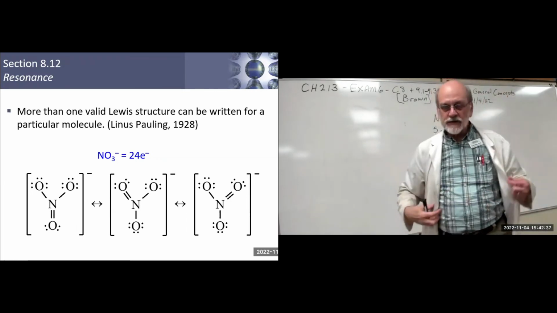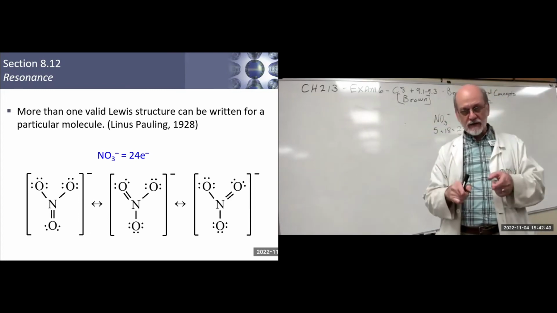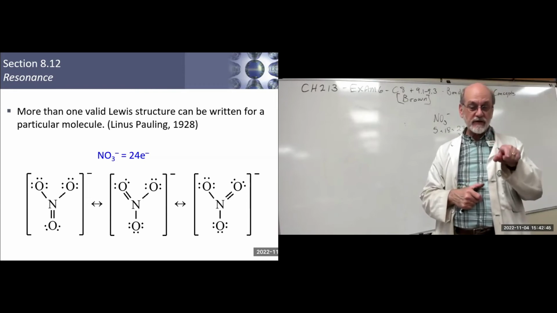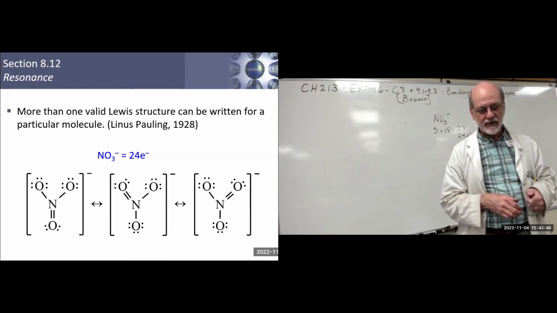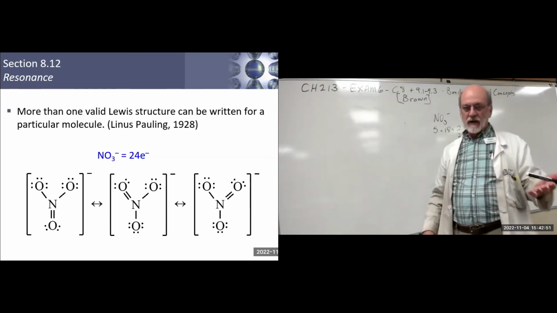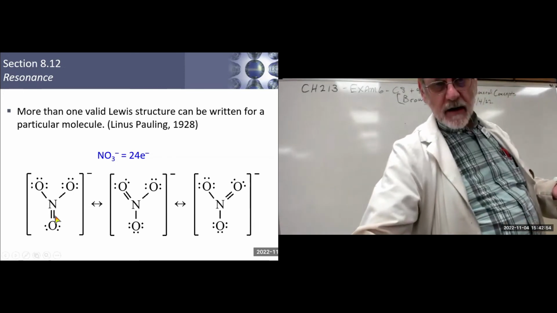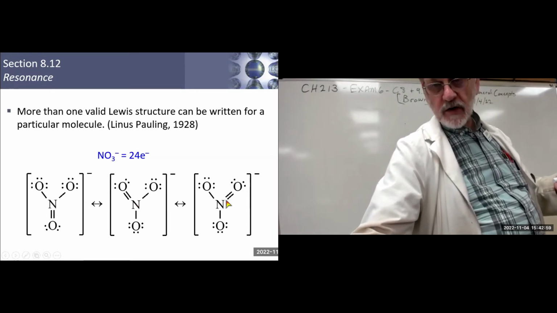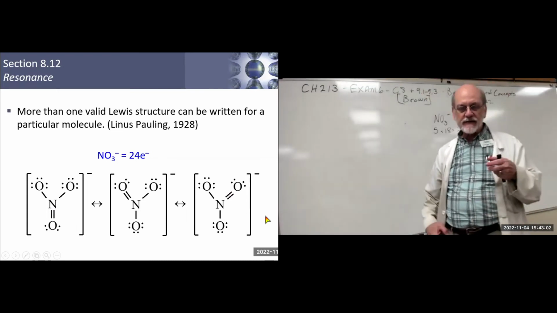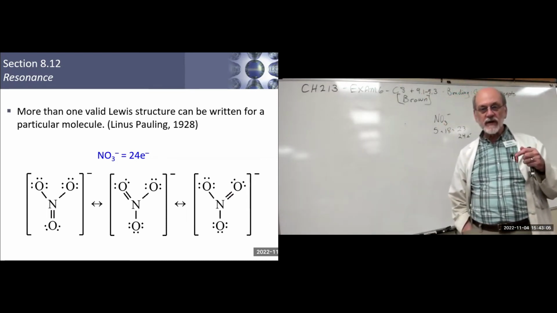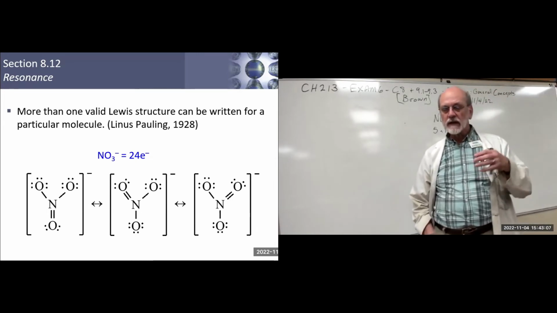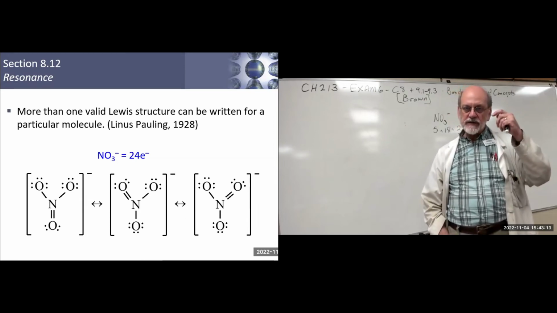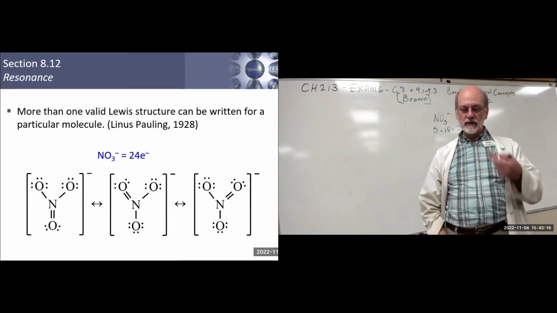When you write the Lewis dot structure, you have to put those brackets around it and show that there's another charge. If you don't, then you can't justify all of the electrons that you put into the structure. But what we see is that this oxygen could get the double bond to make nitrogen an octet. This one could, or this one could. This is one of the failings of the valence bond theory and the Lewis dot structure model, because it produces equivalent Lewis dot structures.